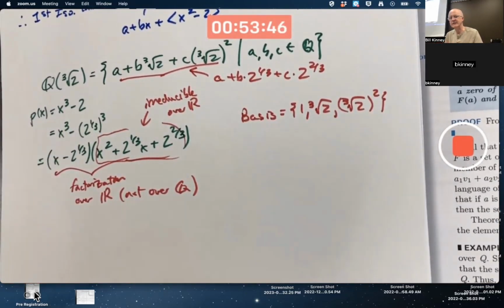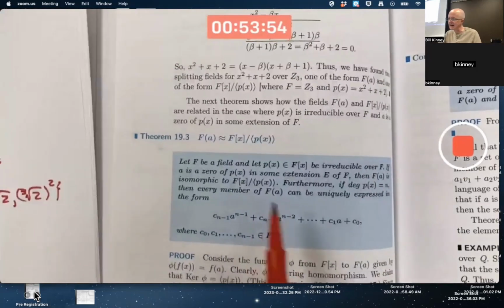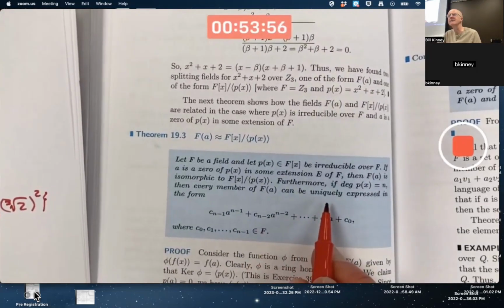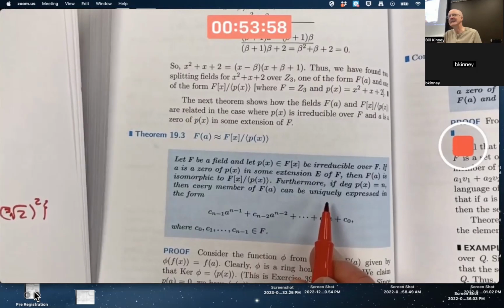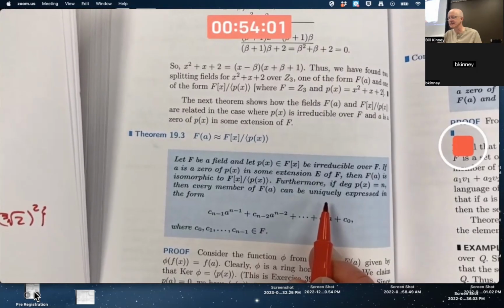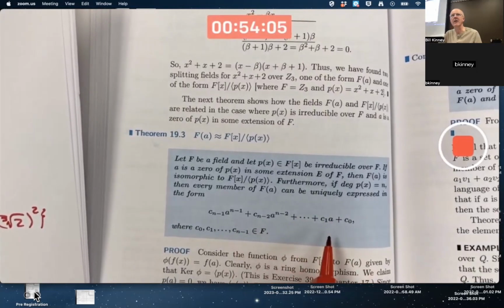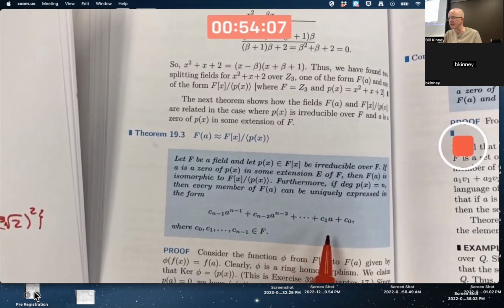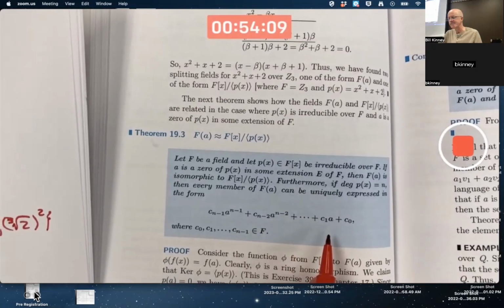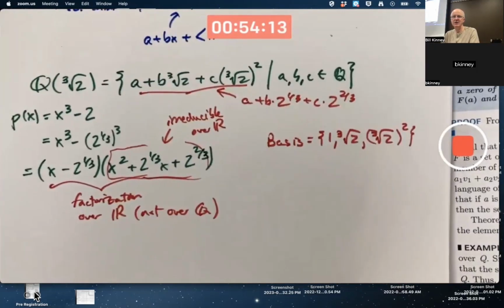You would also need to show this is a linearly independent set of numbers over the rationals. That would take proof. Actually, in the book's theorem, it does say it's a unique expression. And that uniqueness is enough to imply linear independence. So in proving uniqueness, that means the powers of a are all linearly independent over the base field F. So it's a 3-dimensional vector space over Q.